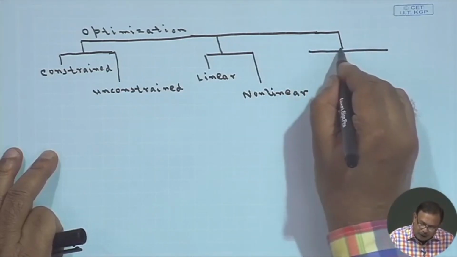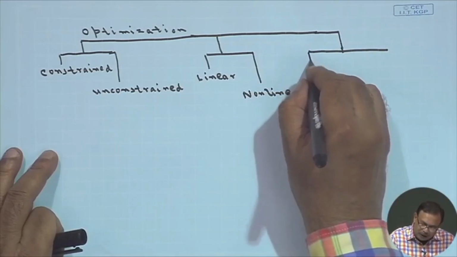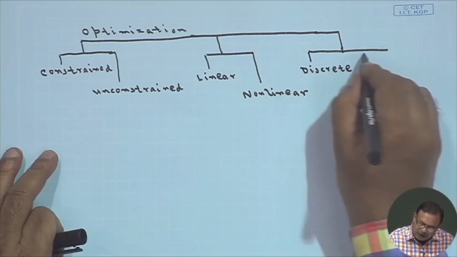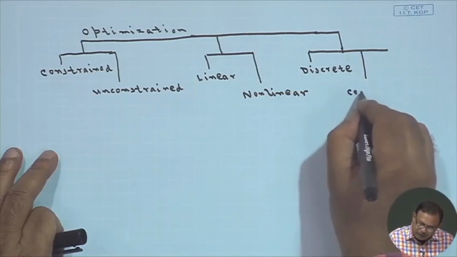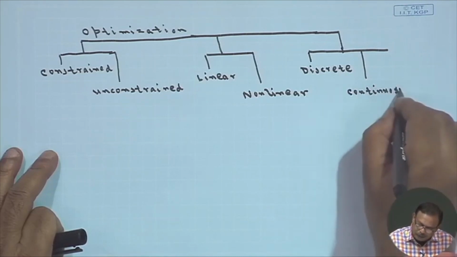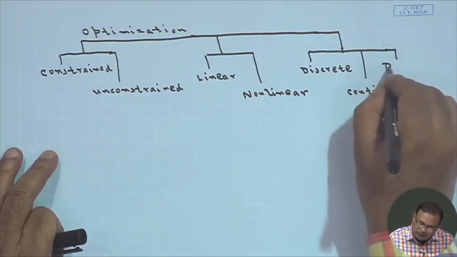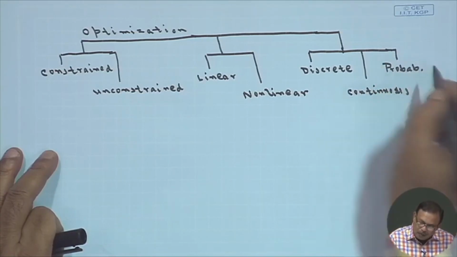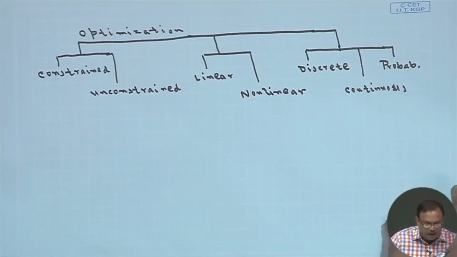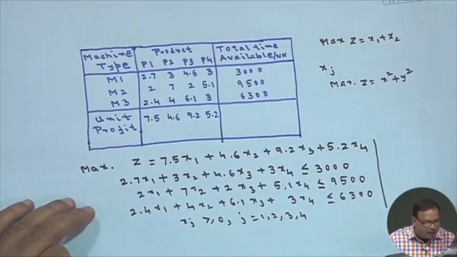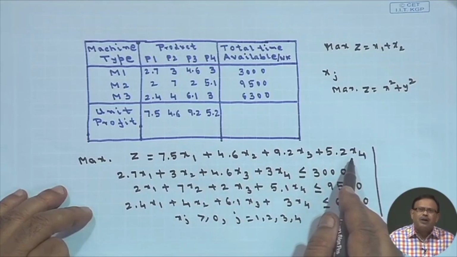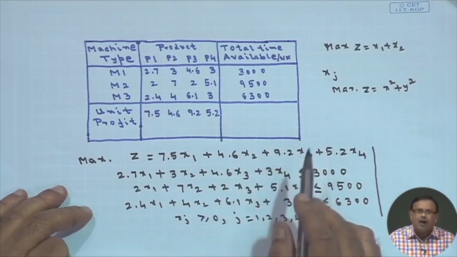The other type we can talk about is about the variables: they can be discrete, continuous, or probabilistic. Whenever you are talking about the decision variables, for this particular problem x1, x2, x3, x4 are decision variables, what type of variables are they?